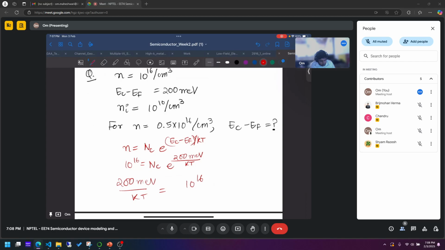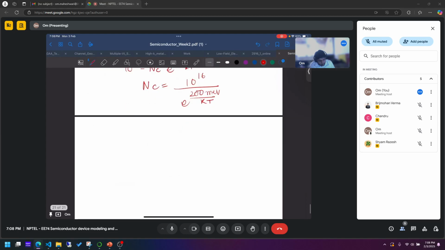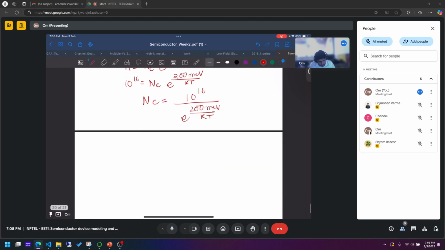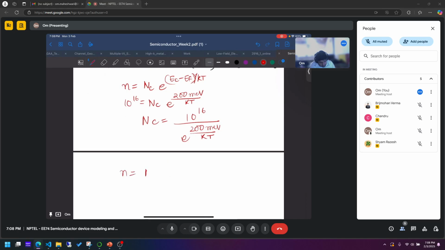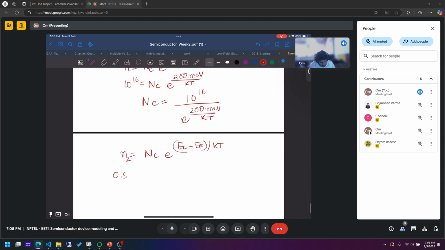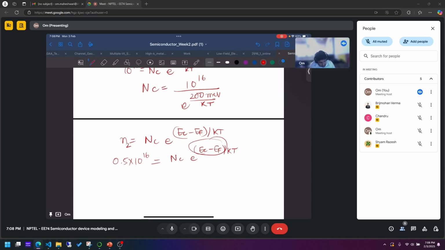I can write here NC equals 10 to the power 16 upon e to the power 200 millielectron volt by KT. Now for your second case, where your n is n2, n2 equals NC e to the power EC minus EF by KT. So here n2 is 1.5 into 10 to the power 16.